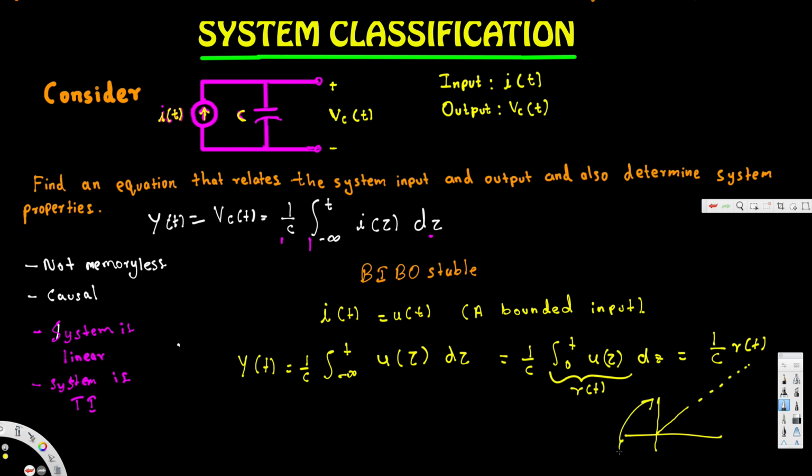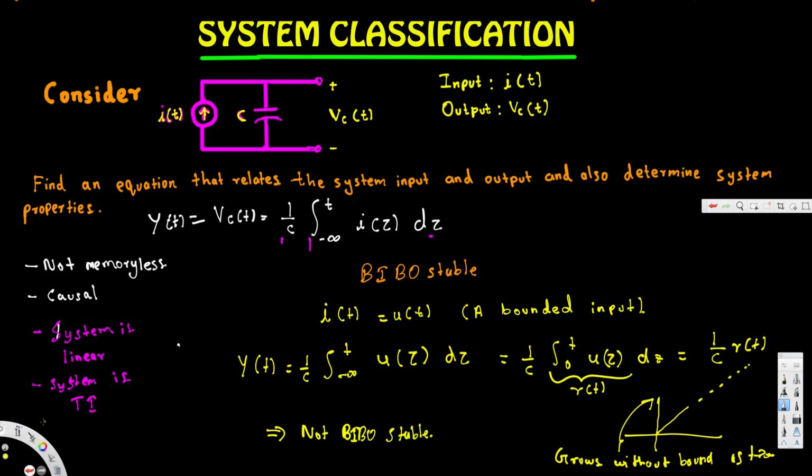This grows without bound as t approaches infinity. So this is not BIBO stable, because there's no limit for this. It's breaking the limit.